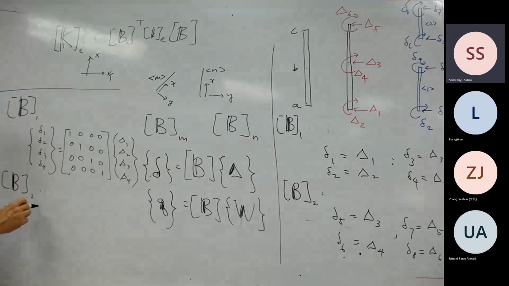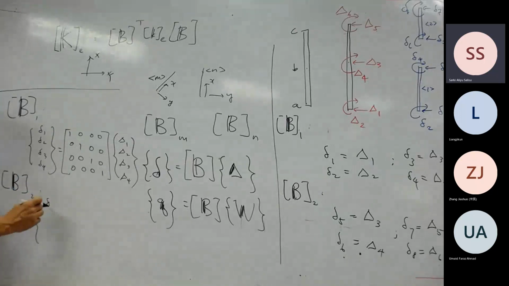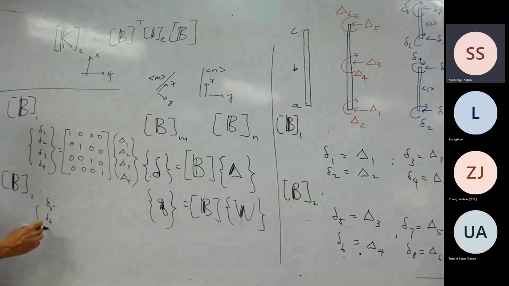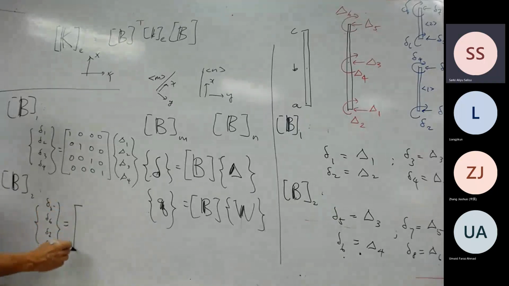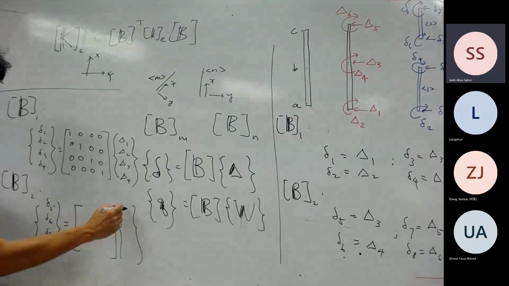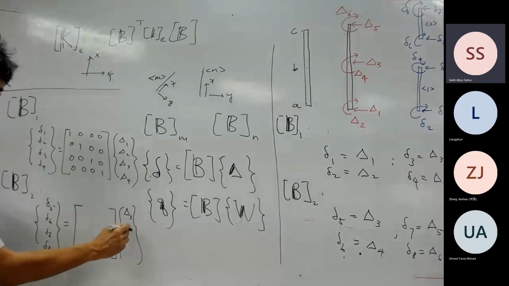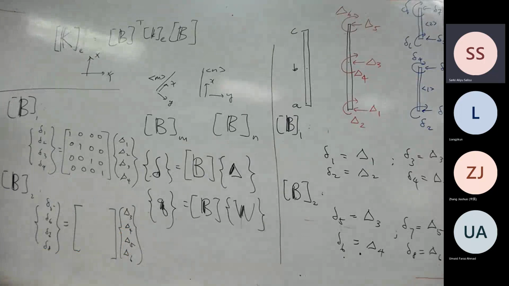Then for element 2, we have delta 5, delta 6, delta 7, delta 8 equal to the matrix, which is B2, multiplied with delta 3, delta 4, delta 5, delta 6.